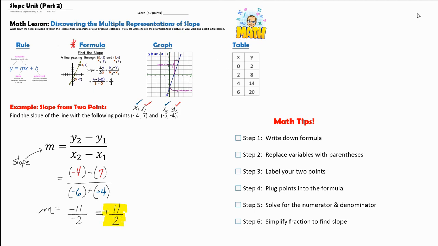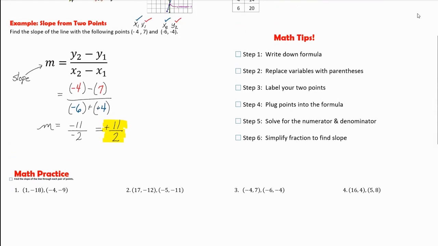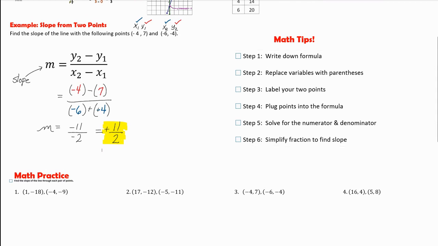Now let's go ahead and get some practice. We have 8 examples here, and I'm going to keep our math tips here for you so you can refer back to see how we solve these problems. First of all, let's write the formula down. M equals y sub 2 minus y sub 1, all divided by x sub 2 minus x sub 1.